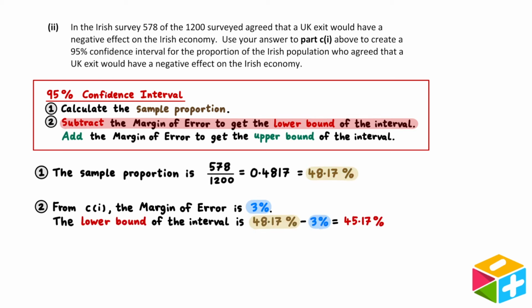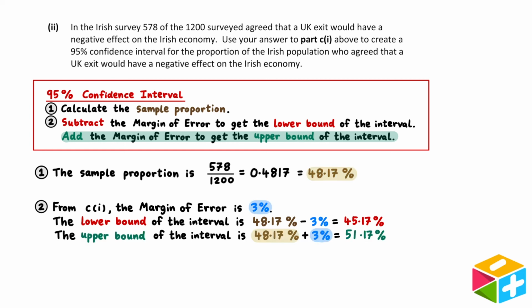Here, we get 48.17% minus 3%, which is 45.17%. To find the upper bound of the confidence interval, we add the margin of error to the sample proportion. Here, we get 48.17% plus 3%, which is 51.17%.